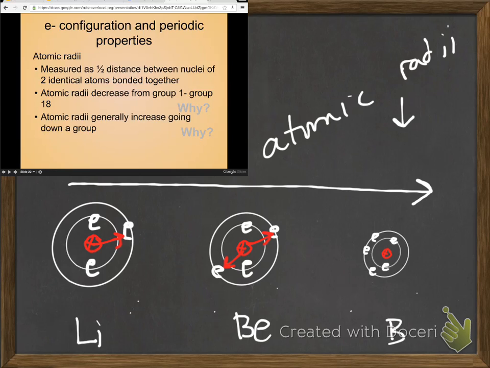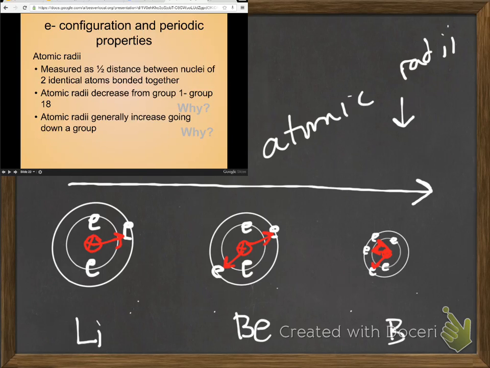Now, of course, this is a metaphor. There are no literal little arrows. There are no literal strings. It's a lot more subtle and complicated than that, but they're decent, reasonable metaphors to get your head around the idea. So in boron, that nucleus now has 3 sort of places to pull on that outer ring, and it's able to pull it in a lot more tightly.